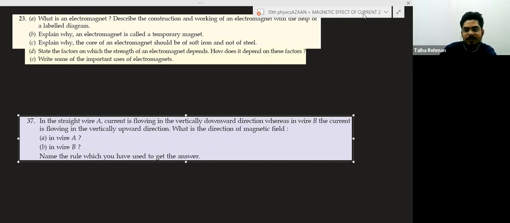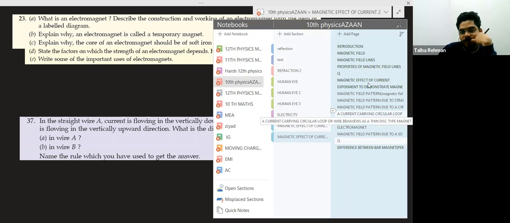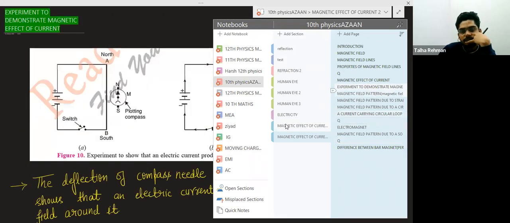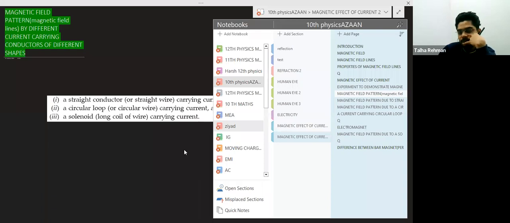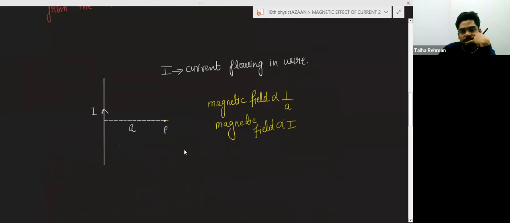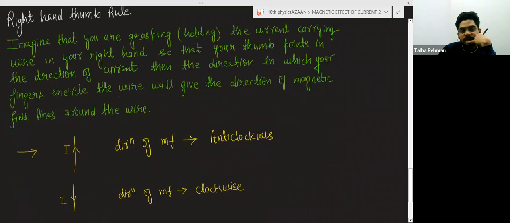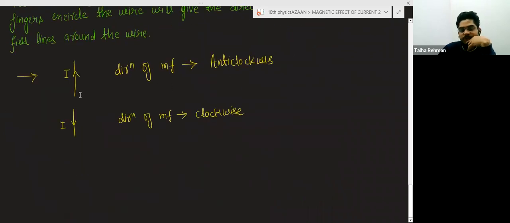So this is very easy. You will apply the right hand rule, and you will get the answer. If the current is upward, the direction of the magnetic field will be anti-clockwise. If the current is downward, the direction of the magnetic field will be clockwise.